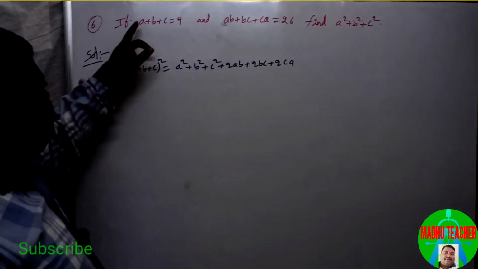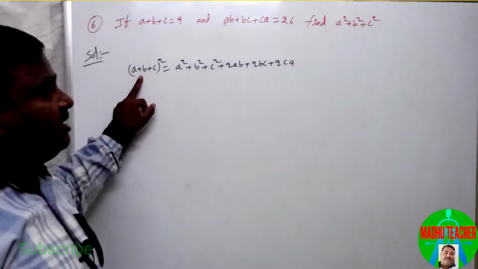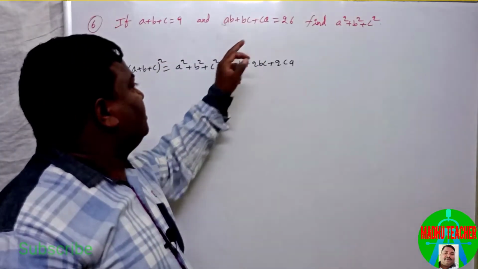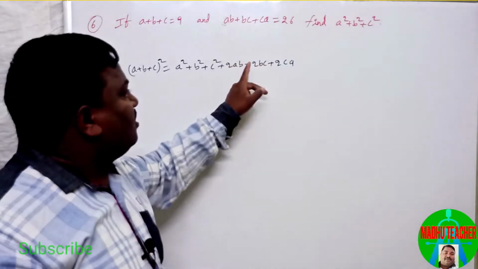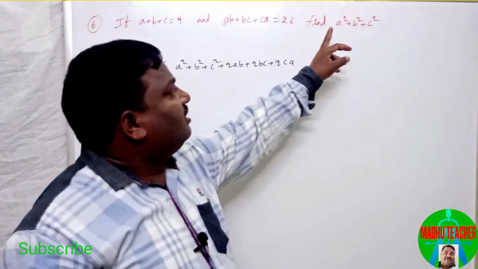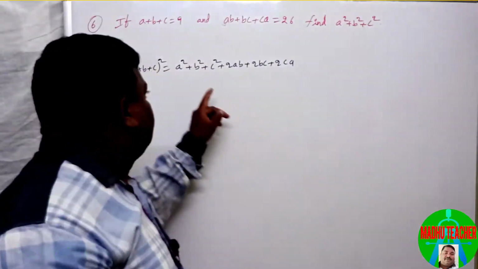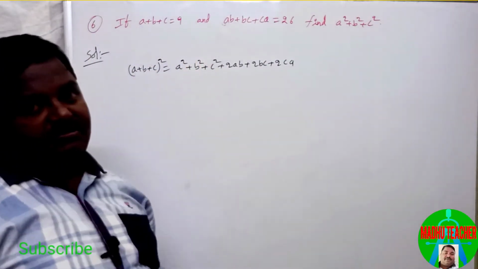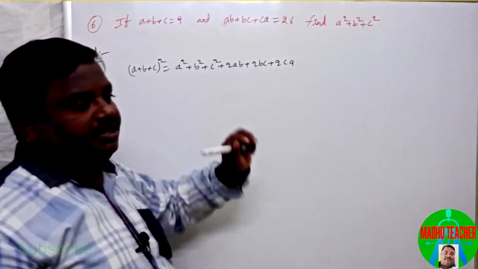Here, a plus b plus c is there, and ab plus bc plus ca. By taking 2 common, we can see ab plus bc plus ca, and a square plus b square plus c square. That's why we are using this identity.